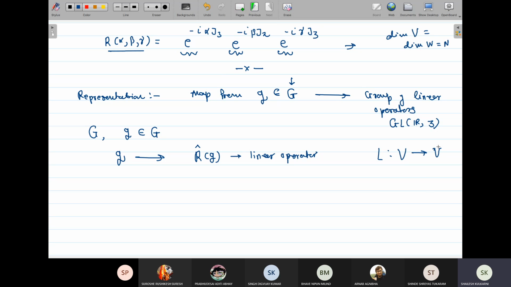Why are we doing this? Because our wave functions will lie in some general vector space, in particular a Hilbert space. Wave functions do not lie in your coordinate space. The set of all wave functions forms a vector space, but that vector space is not your usual R2 or R3.